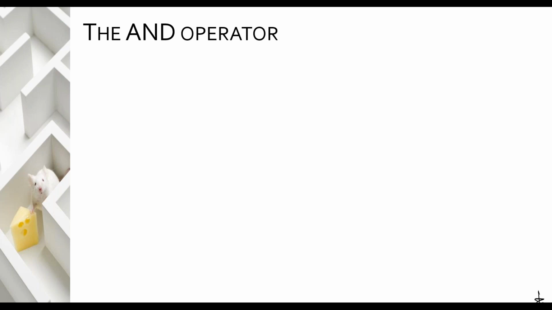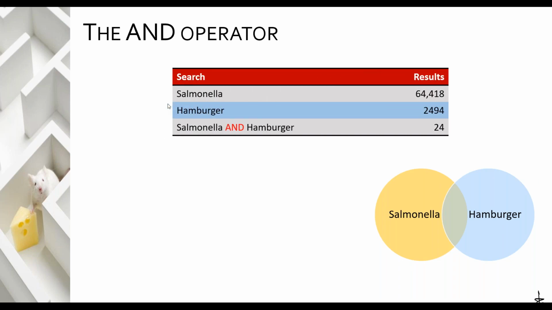The AND operator, this is by default the default operator. As we've said, it takes into account the intersection of things. Okay, so if I'm looking at, for example, salmonella and hamburgers, this gives me the articles that deal with salmonella infection with hamburgers and not with salmonella infections in eggs, for example.